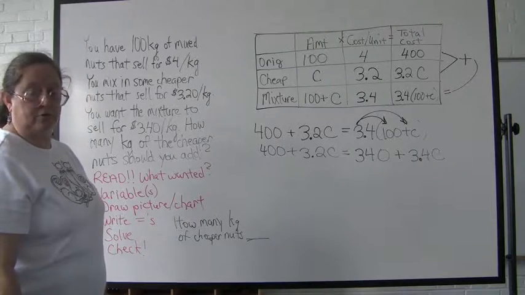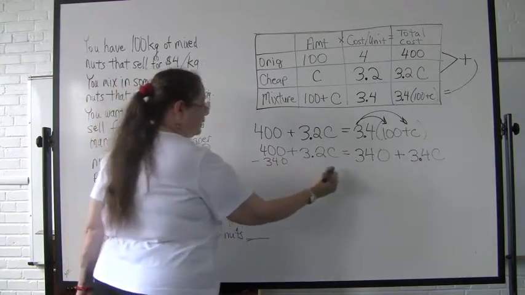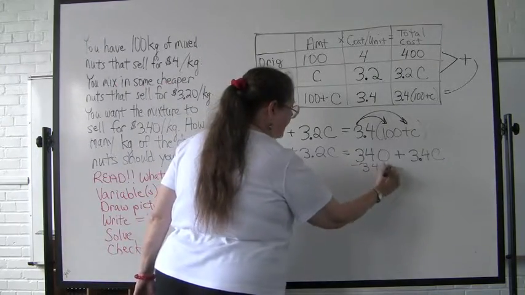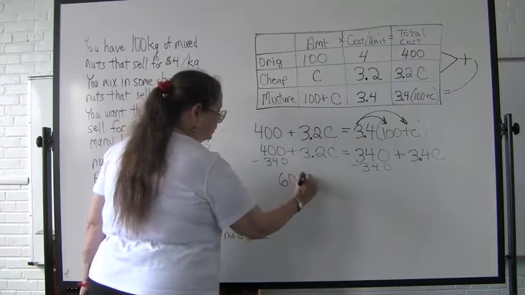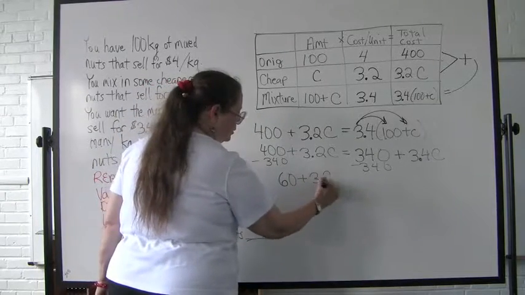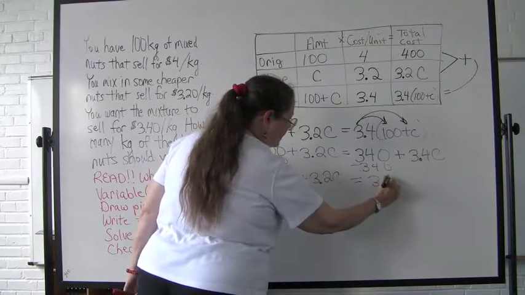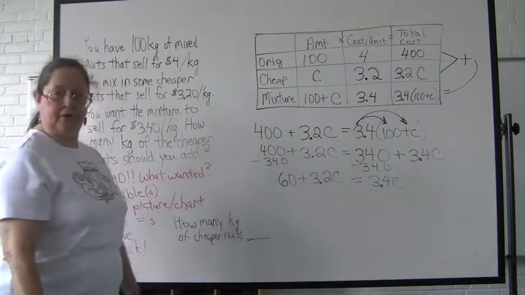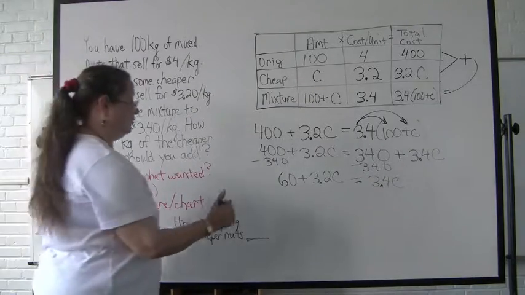Now, let's subtract 340 from both sides. And we end up with 60 plus 3.2C equals 3.4C. Okay? Now let's subtract 3.2C from each side.